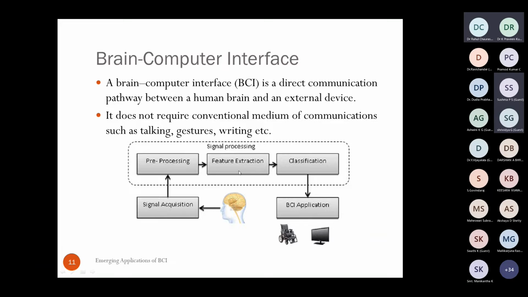Then you have to acquire the features. Features can be the energy of the signal, the mean of the signal, autocorrelation functions, or whatever statistical features you can acquire. Then you have to apply classifiers. Classifiers can be an SVM classifier, KNN classifier, ANN classifier, or a deep learning method like a recurrent neural network. There are a lot of CNN classifiers you can apply, and you can handle a brain-computer interfacing application out of that.